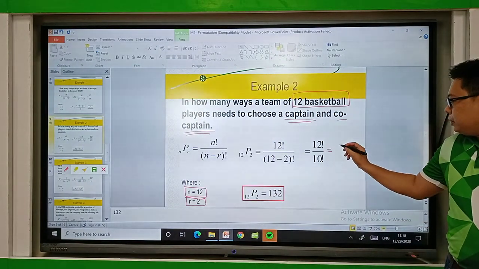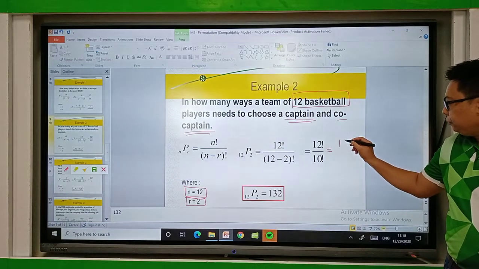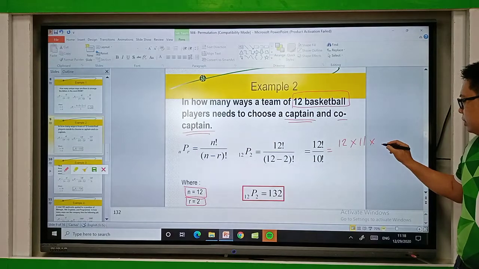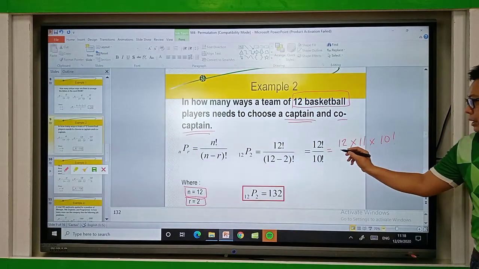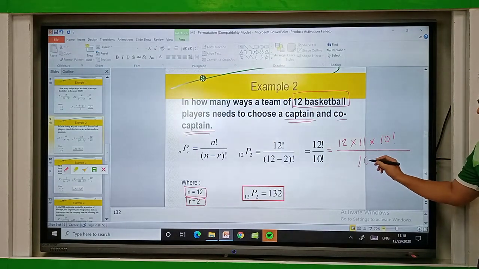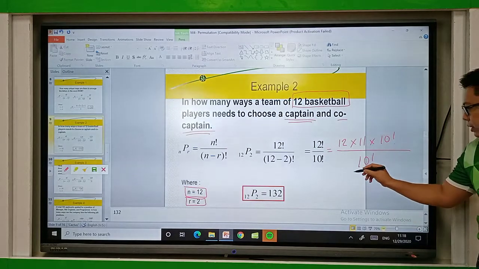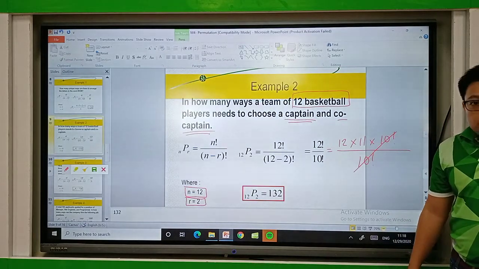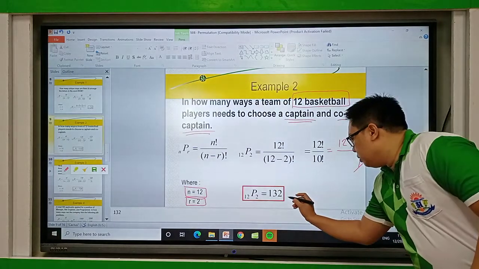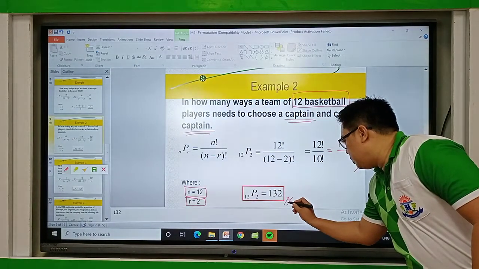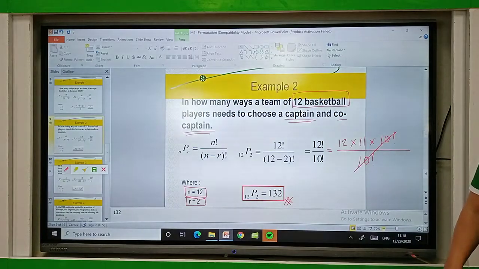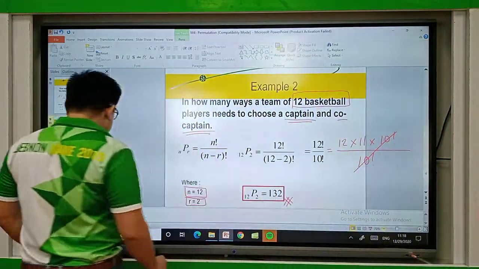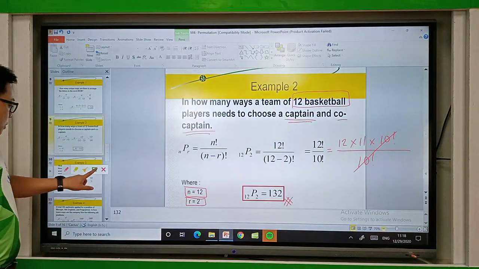You have 12 times 11 times 10 factorial divided by 10 factorial, so you can just cancel it out. You have 12 times 11, which gives us 132 possible permutations. So that's example number 2.